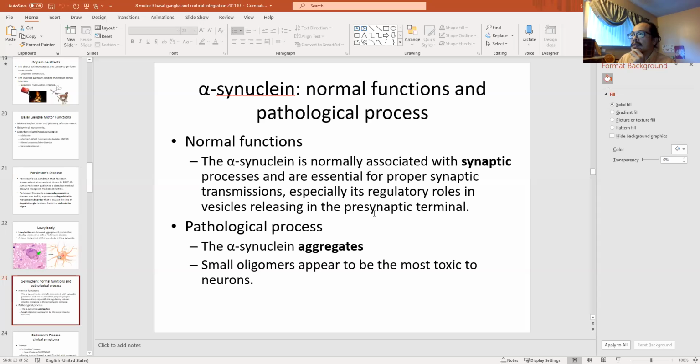Alpha-synuclein is a protein that everybody has, with a normal function in nerve signal conduction, working with the synaptic processes. But if it is not metabolized away by our neurons, it aggregates, and then it becomes a problem. Small oligomers appear to be the most toxic to the neuron.